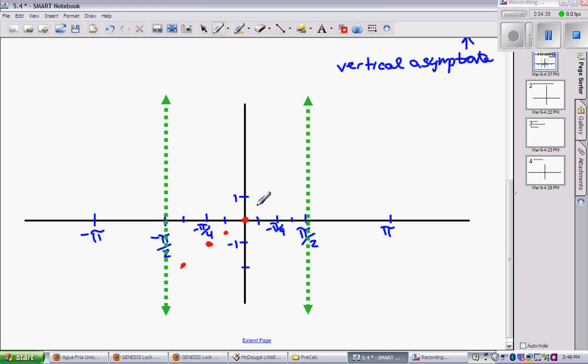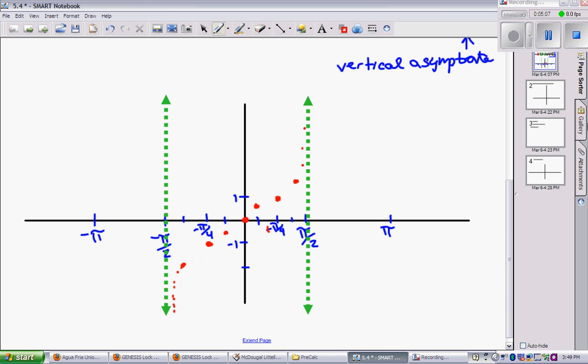Pi over 6, 0.58. Pi over 4, 1. Pi over 3 is 1.73. And if you plug in values closer to our asymptotes, they're going to keep getting larger and closer to the asymptotes.